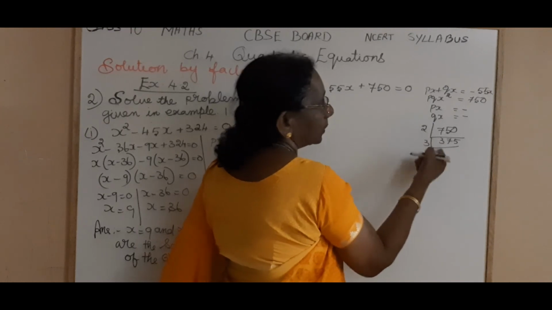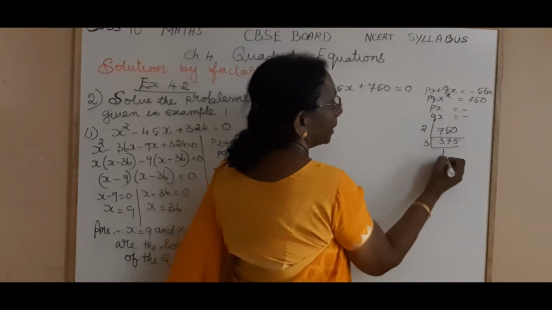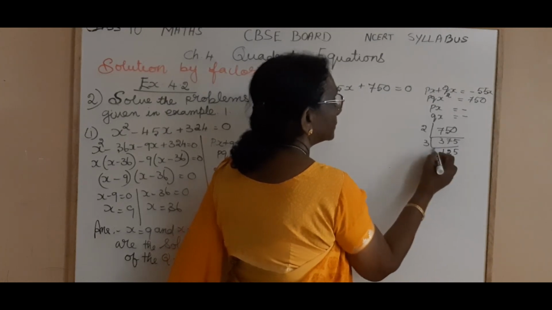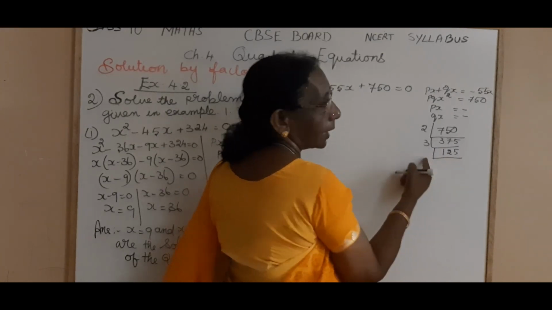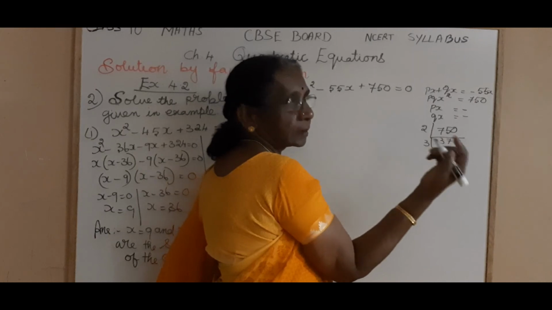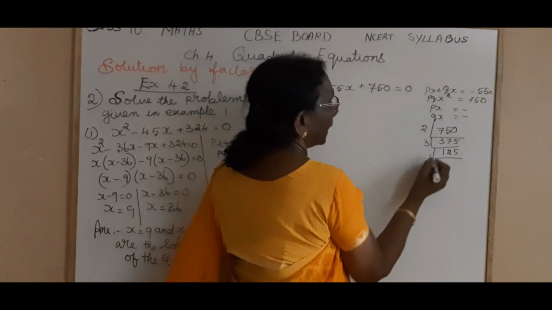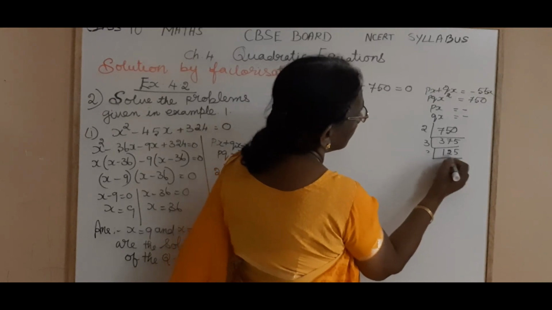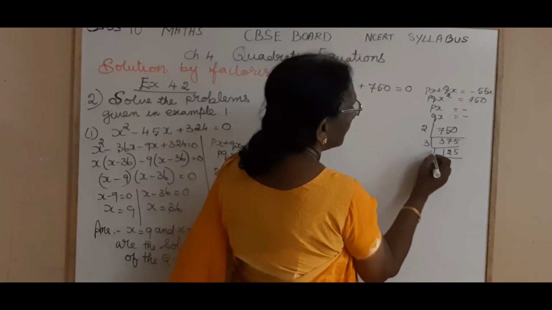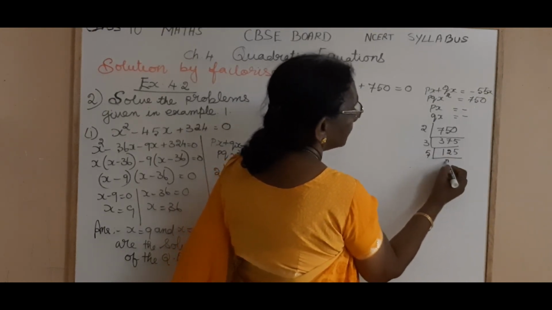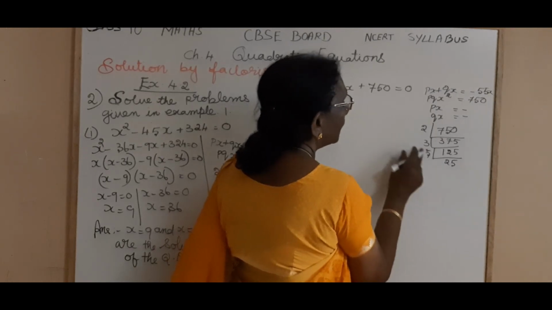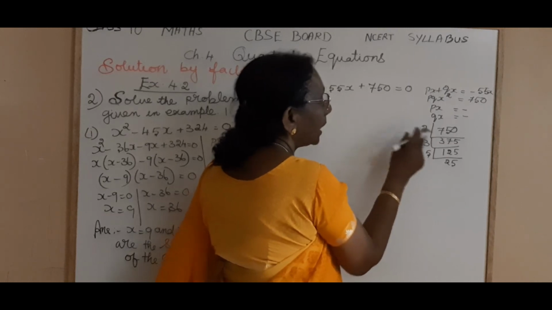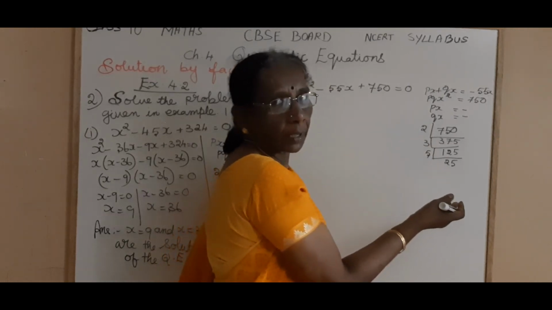Now these two, we won't get 3. 3 ones are 3, 3 twos are 6, 125 plus 6, we won't get 55. Now move to 5. It is not divisible by 3. Divide by 5, 25. Now 25 and 5 threes are 15, 15 twos are 30. 30 and 25 you are getting, isn't it?